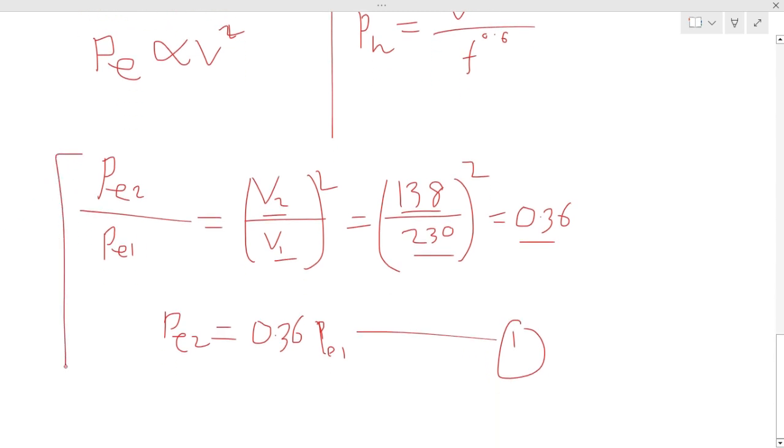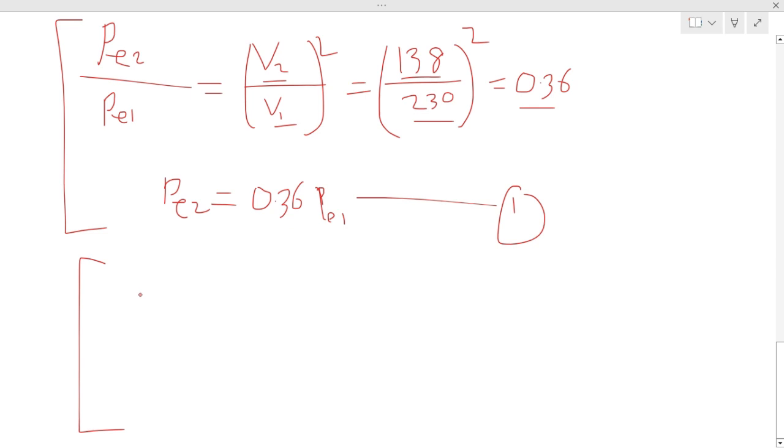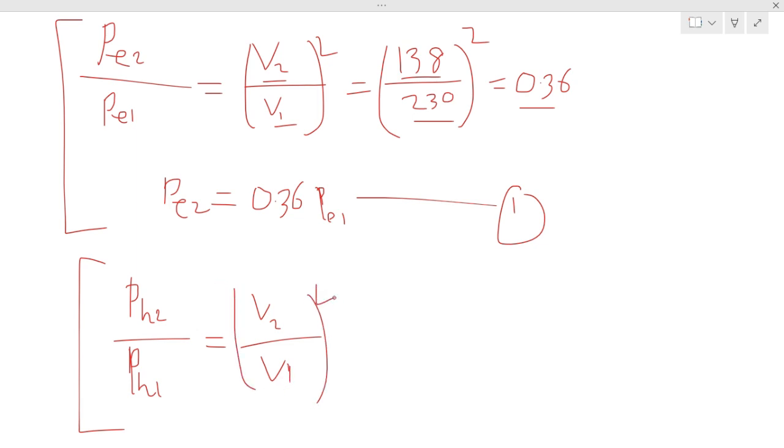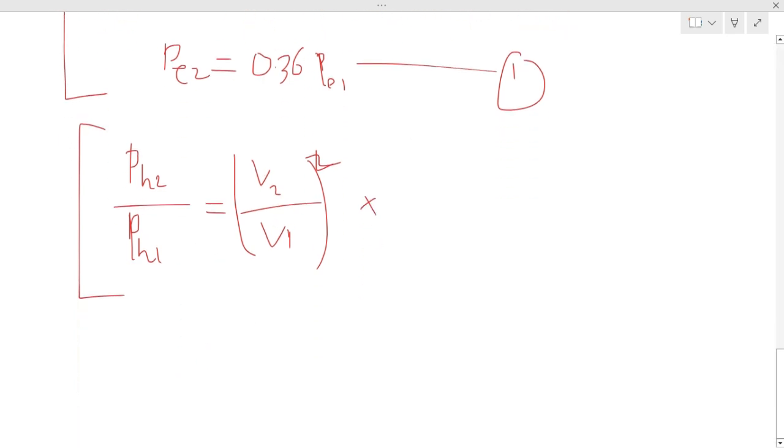Similarly, I do the same for PH2 by PH1, and the formula is V2 by V1 to the power 1.6 multiplied with F1 by F2 to the power 0.6.